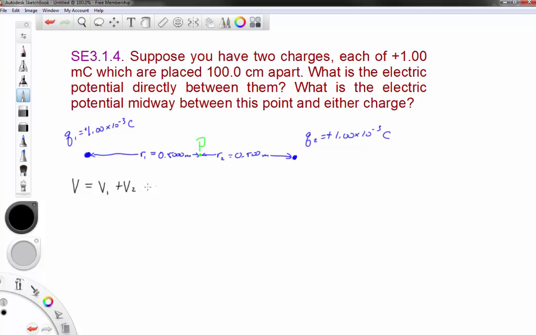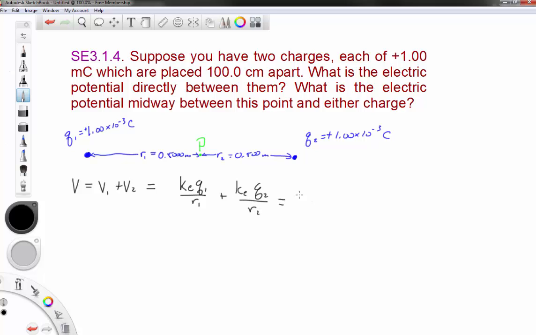In this case V1 is equal to V2, but we'll calculate the normal way by calculating V1 and V2. You would have KE times Q1 over R1 plus KE Q2 over R2.